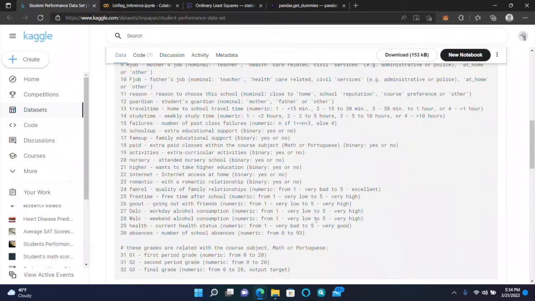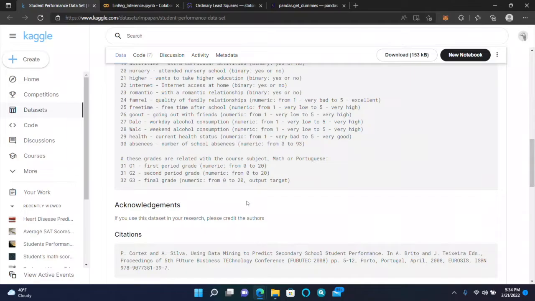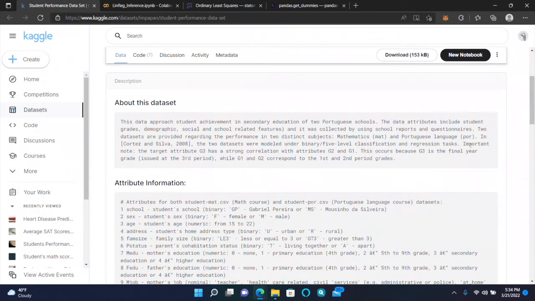And then as target variables down here, or as dependent variables, we've got a first period grade, a second period grade, and a final grade. Now back up at the top, it says, important note, the target attribute G3 has a strong correlation with attributes G2 and G1. This occurs because G3 is the final year grade issued at the third period, while G1 and G2 correspond to the first and second period grades.